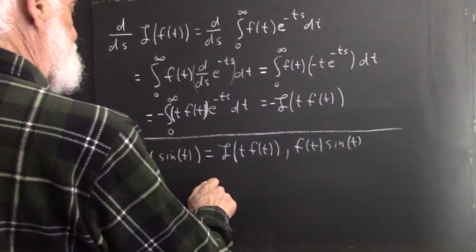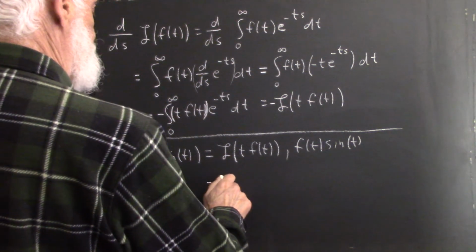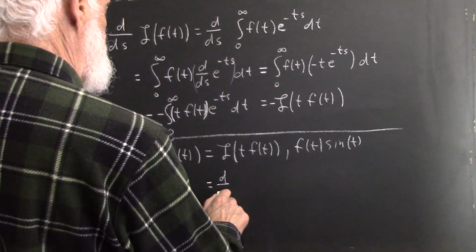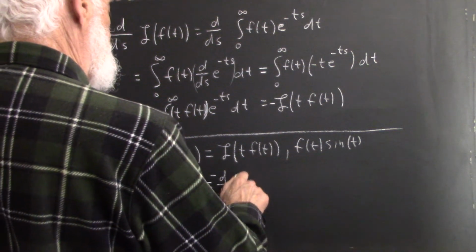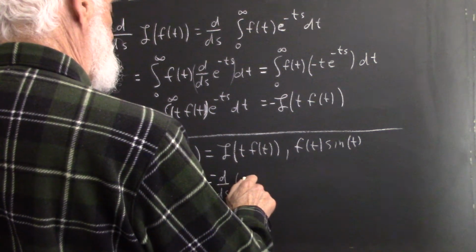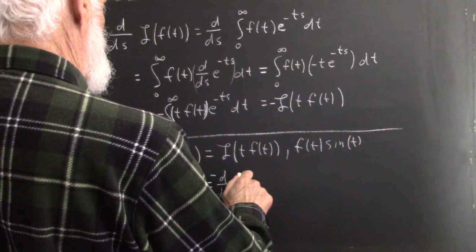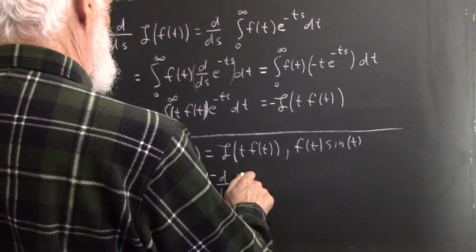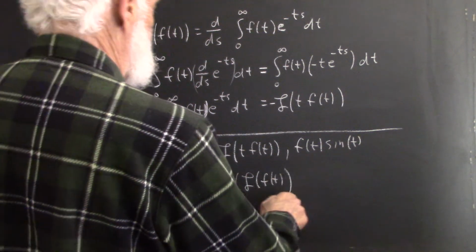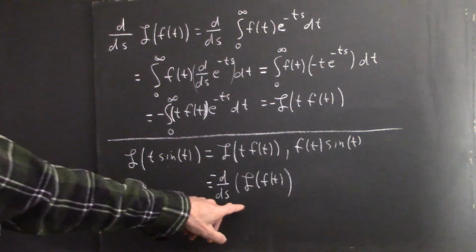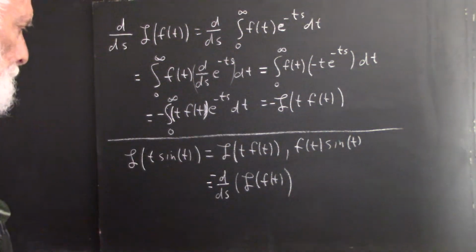So this is going to have to be equal to the negative derivative with respect to s of the Laplace transform of f of t. That was an unnecessary parenthesis there, but we'll live with it.